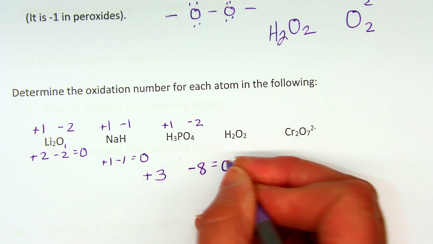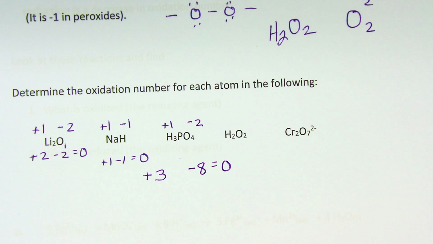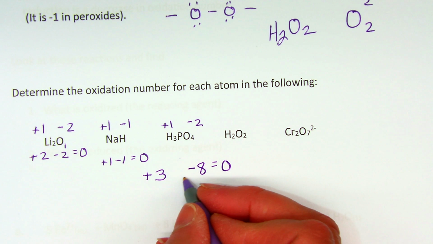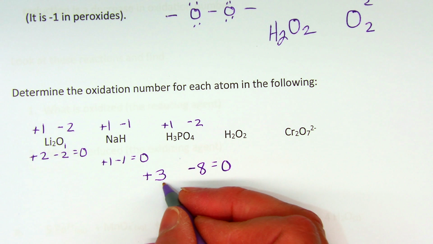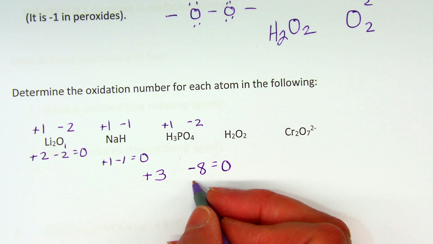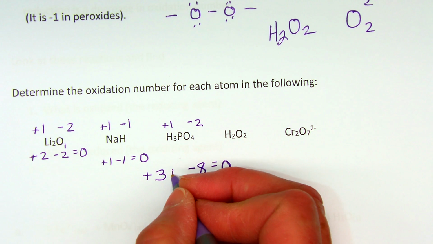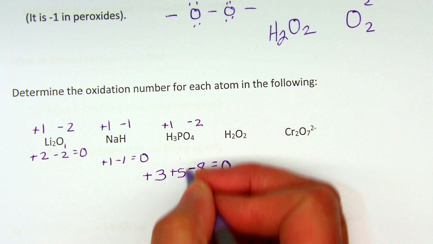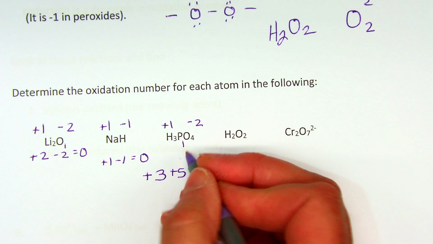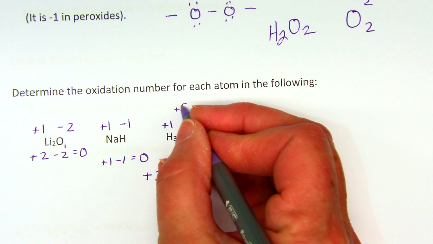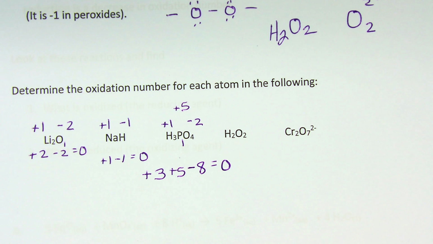Since this is a neutral compound, the whole thing has to add up to 0. So what do I need in here to make a +3 and a -8 be 0? A 5, right? +5. 5 divided by 1 phosphorus gives us a +5 oxidation number for phosphorus.